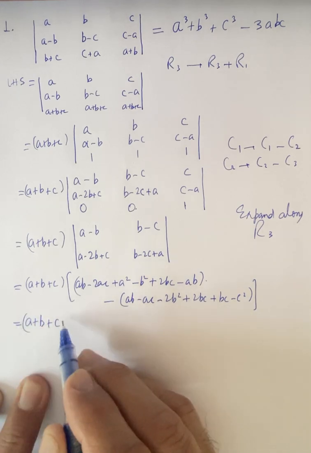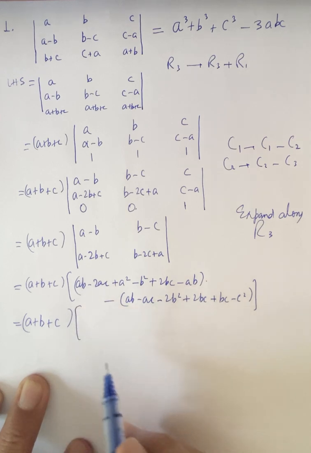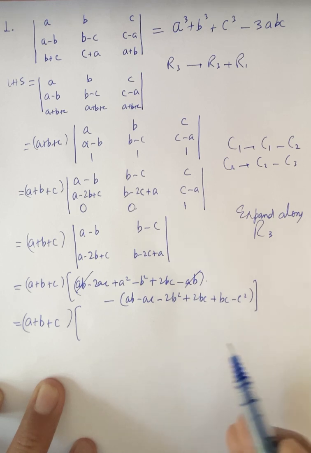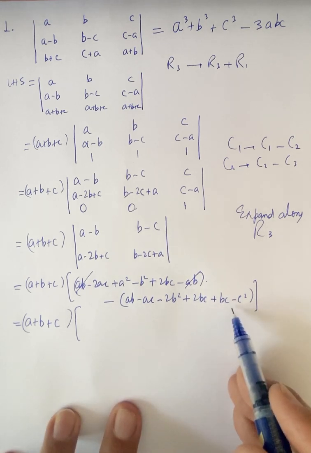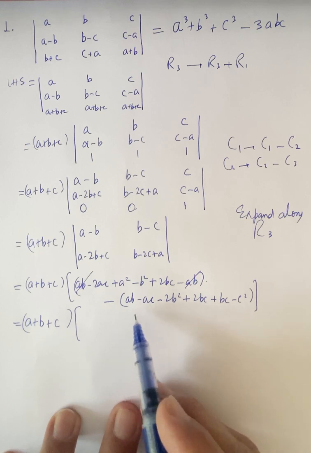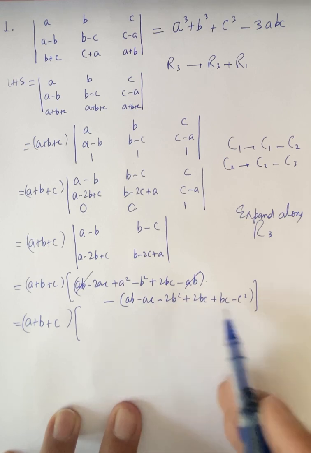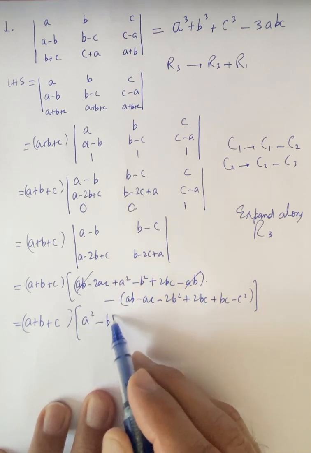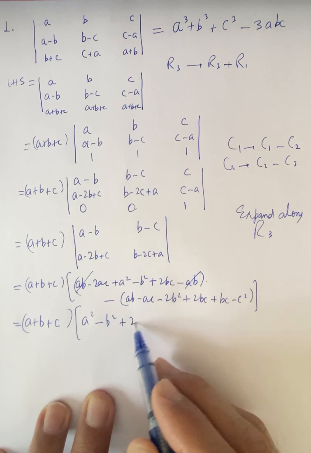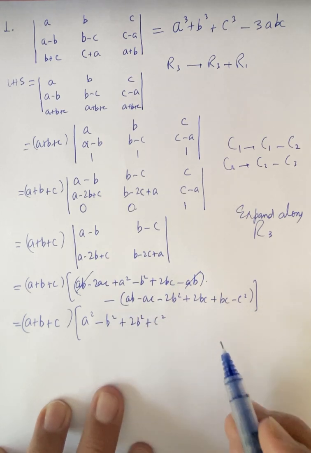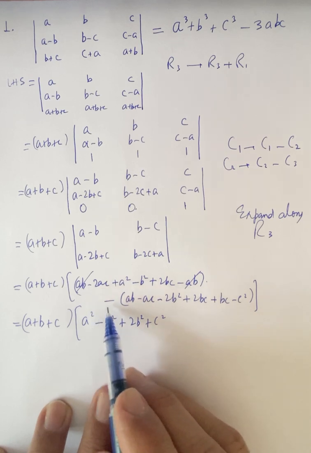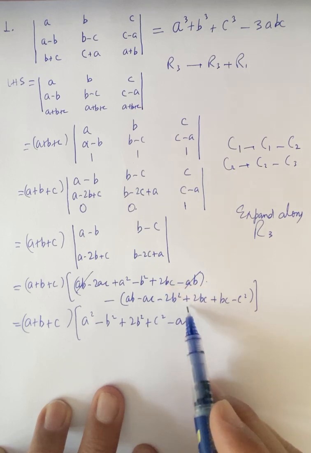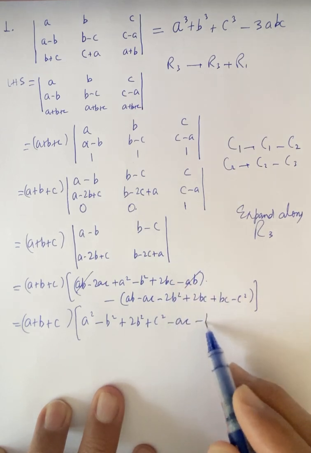So a plus b plus c, this is ab minus ab, this will cancel out. Let's write a square, then we have minus b square plus 2b square and plus c square. Then it's minus 2ac plus ac is minus ac, 2bc and this is bc, this will cancel out, so we'll be left with minus bc.